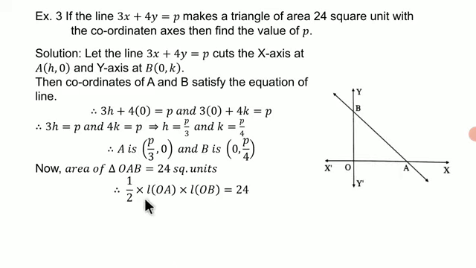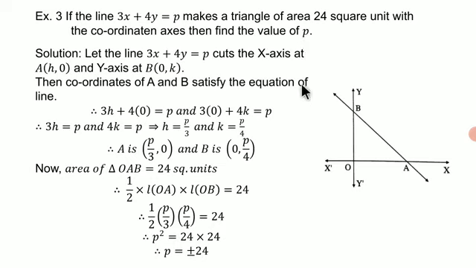So 1 upon 2 into length OA into length OB is equal to 24. It is 1 upon 2 into P upon 3 into P upon 4 is equal to 24. That is P square upon 24 is equal to 24. So P square is equal to 24 into 24. If we take square root on both sides, we get P is equal to plus or minus 24. And this is the required value for P.